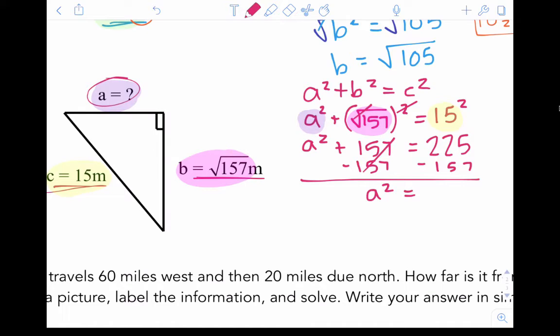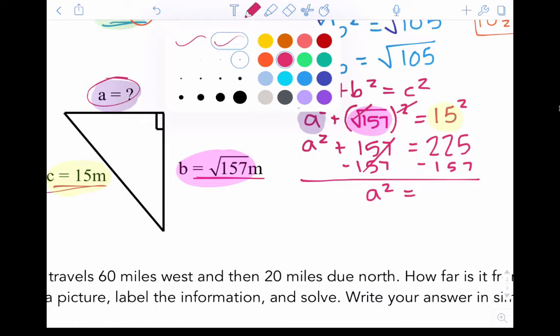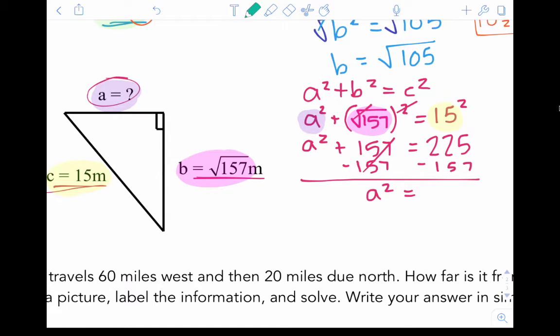On the right, I need to do some borrowing in order to subtract. So I need to borrow over here, this becomes 12, but I need to borrow again, and that's 15. 15 minus 7 is 8. 11 minus 5 is 6. And then 1 minus 1 is 0. So a squared is equal to 68.